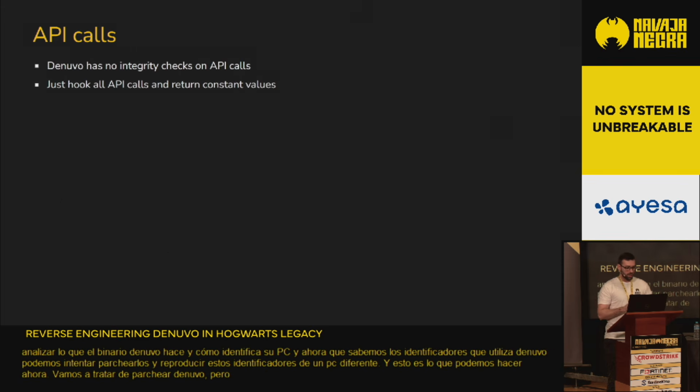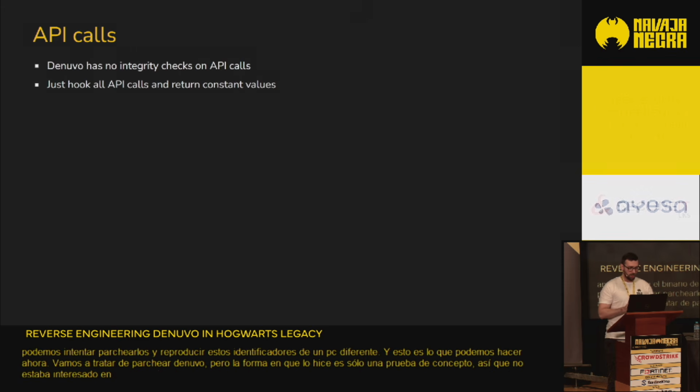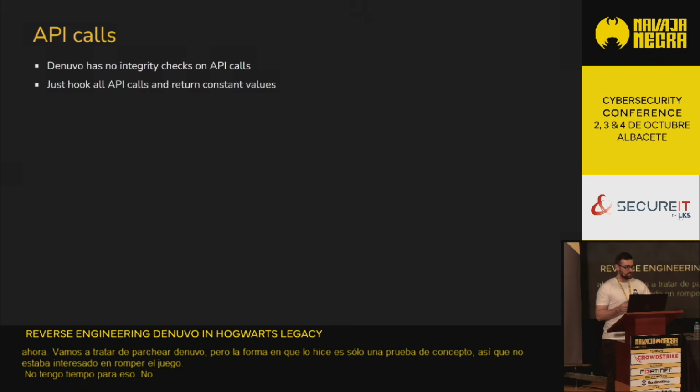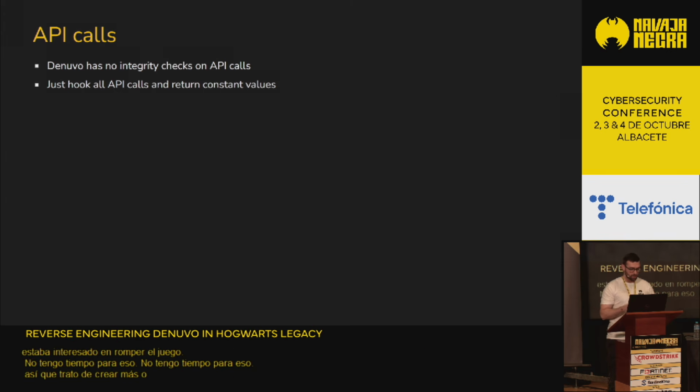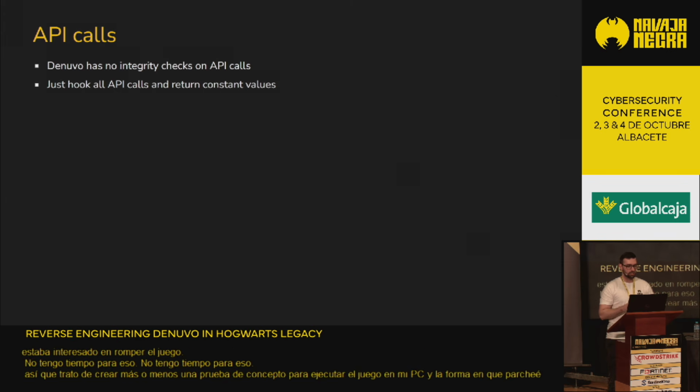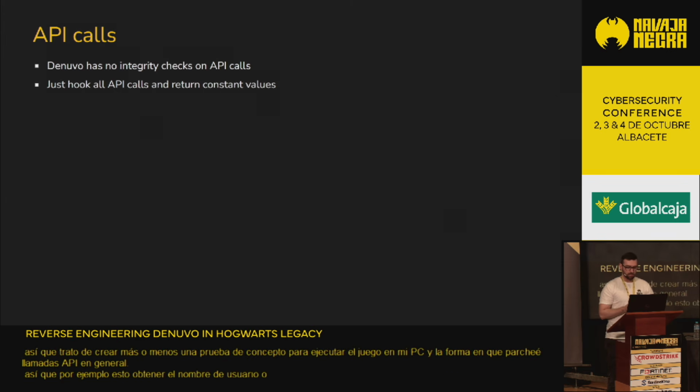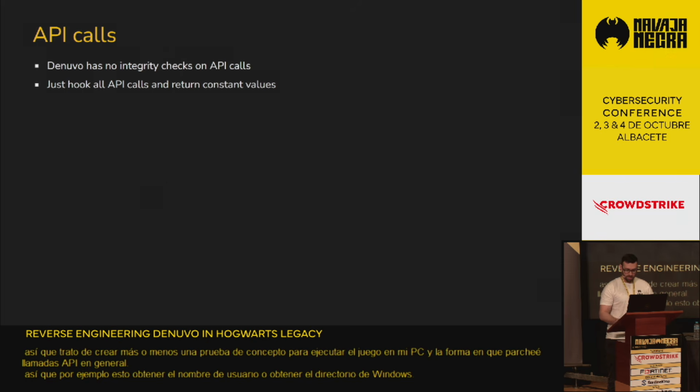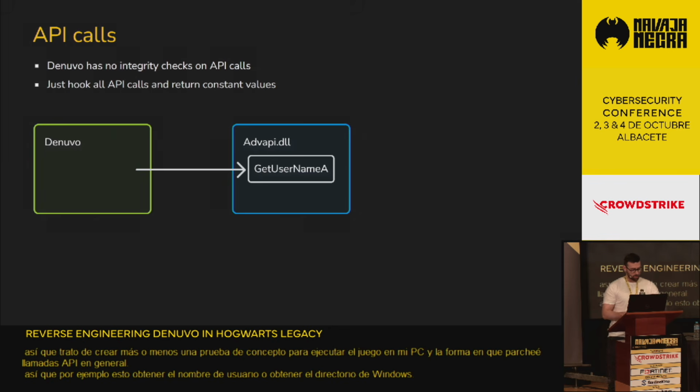And the way I patched API calls in general, so for example, GetUserName or GetWindowsDirectory, the way I patched them was by just hooking them, because it seems that Denuvo does not have any kind of integrity check on those API calls. So the way it works, you see that Denuvo calls, for example, GetUserNameA.